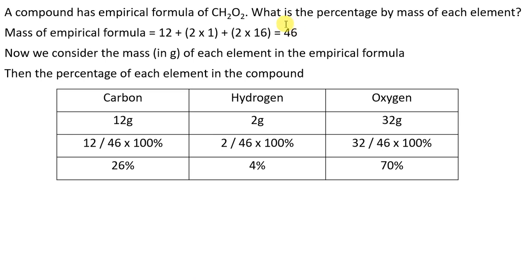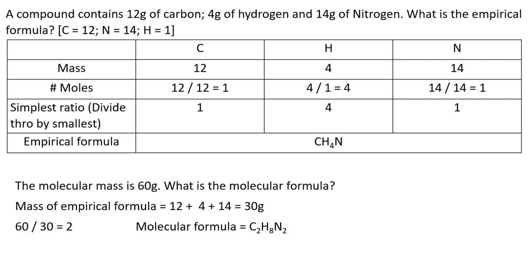Well, if I think of this as having 46 grams of CH2O2, I will have 12 grams of carbon, 2 grams of hydrogen, 32 grams of oxygen. Dividing through by the mass of the empirical formula, multiplying by 100% gives me the percentage of each.